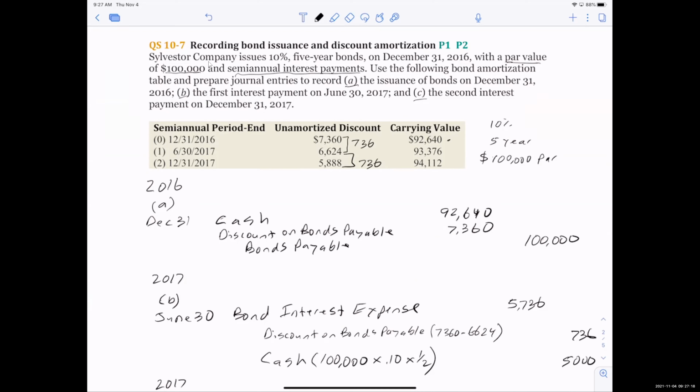All right. Sylvester Company issues 10% 5-year bonds on December 31 with a par value of 100,000 and semi-annual interest payments.